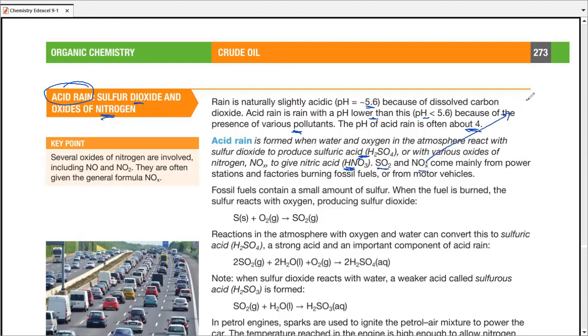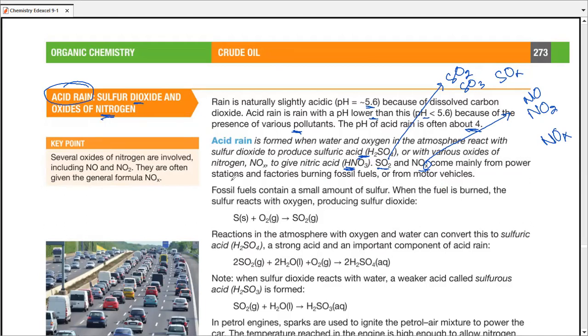Whenever we write NOx, we're actually trying to talk about NO or NO2, since there are different oxides that can convert into nitric acid. So we put the letter X over here. We sometimes also put the letter X over here since sulfur dioxide and sulfur trioxide can be a part. So we may write it as SOx and this one as NOx. That's how we pronounce it.